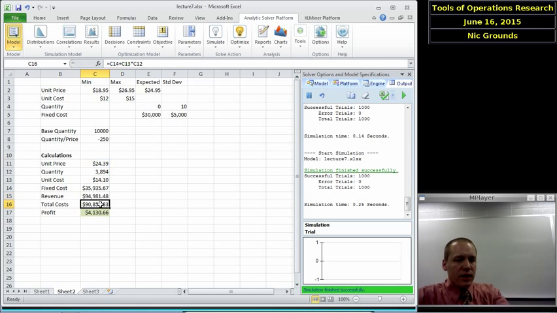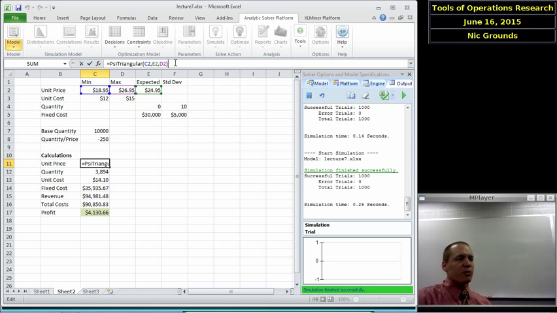Okay. So why are all our answers so different? So the question is, why does everybody get a different answer? Because everybody randomly selected different values, right? So my computer at this point has randomly determined the unit price to be $24.39 because it's picked that value from this triangular distribution.